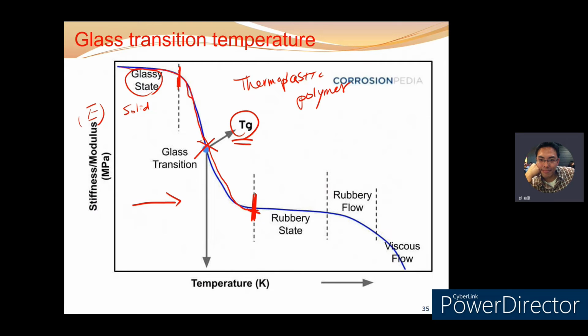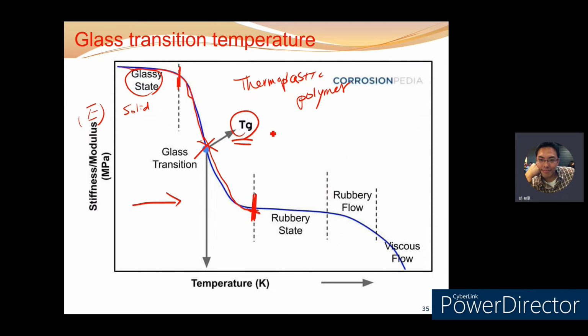For example, we are going to use 3D printing to fabricate a plastic tool. The nozzle of the 3D printer must be at a temperature higher than Tg.